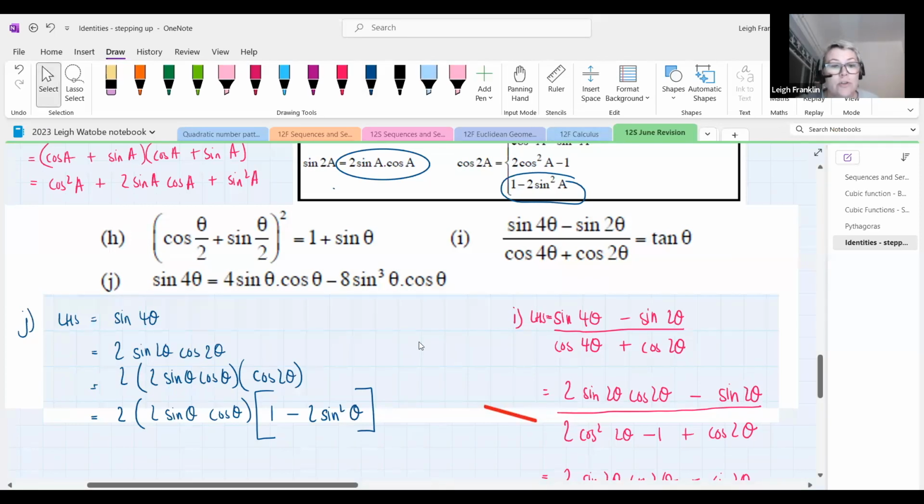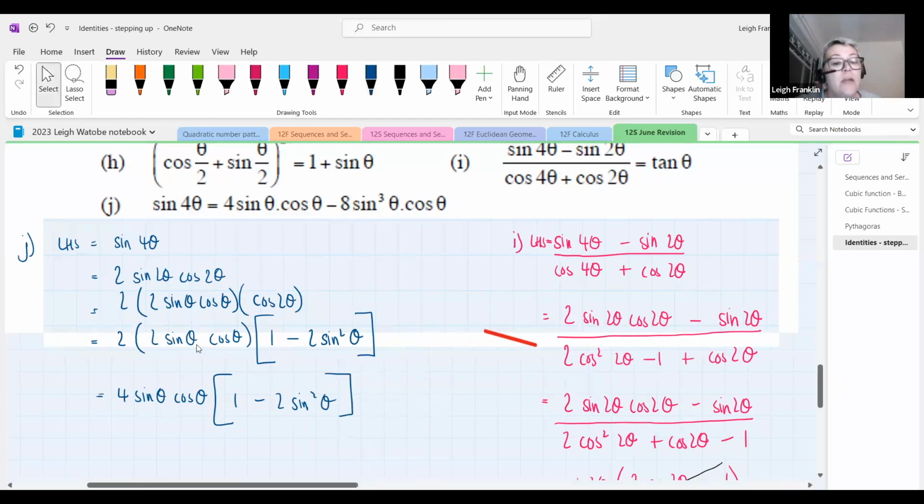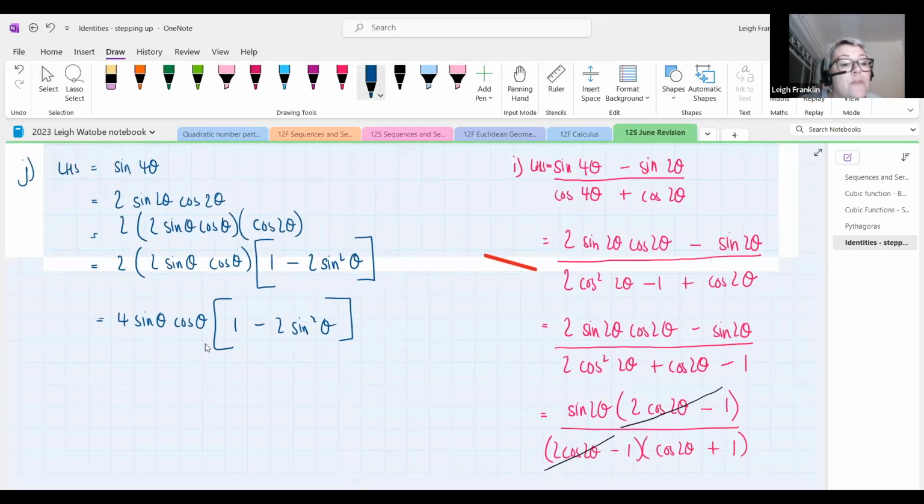All right, so now what I'm going to do is get rid of the round brackets. That's going to give me 4 sine theta cos theta. I'm keeping the square brackets. And now I'm going to do distribution, just like we did in grade 8. Factor on the outside multiplied by the first term, so that would give me 4 sine theta cos theta.